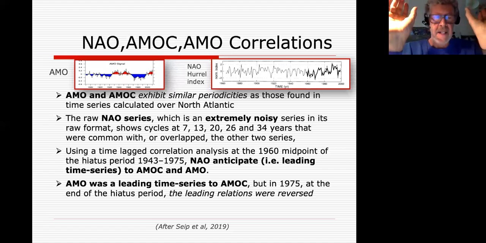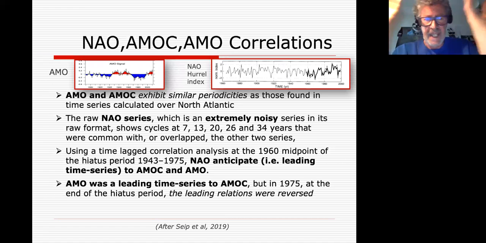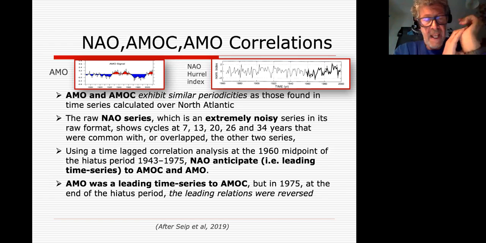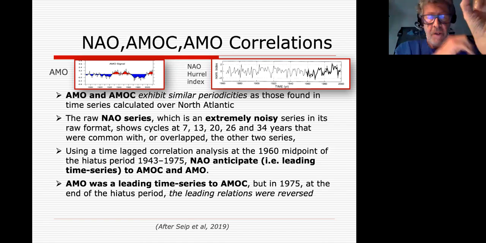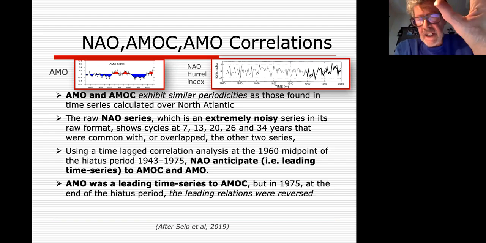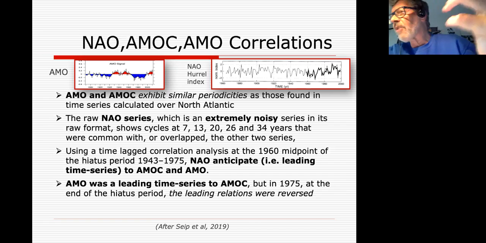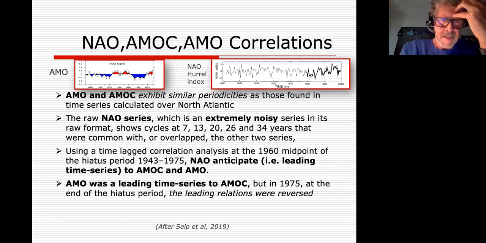So at the decadal scale, the meridional overturning circulation in the Atlantic and the anomaly of the surface temperature behave in the same way and are similar to other time series calculated for North Atlantic. So they are part of the same system.